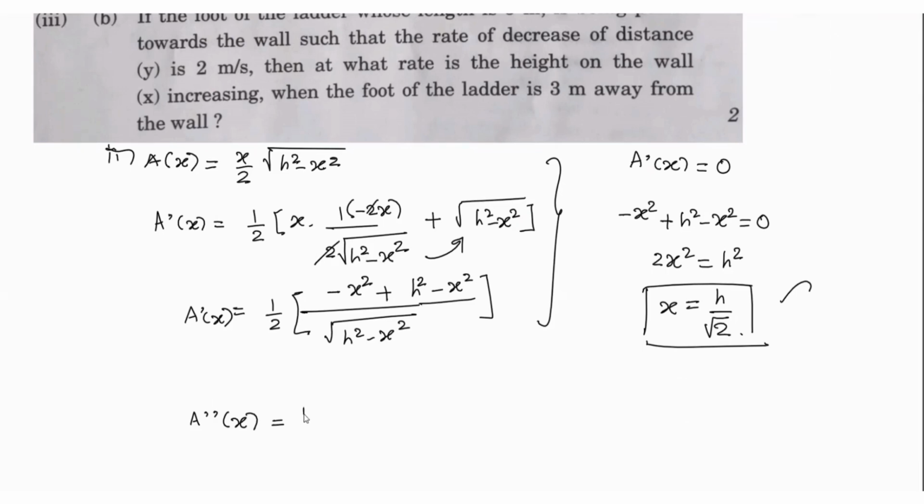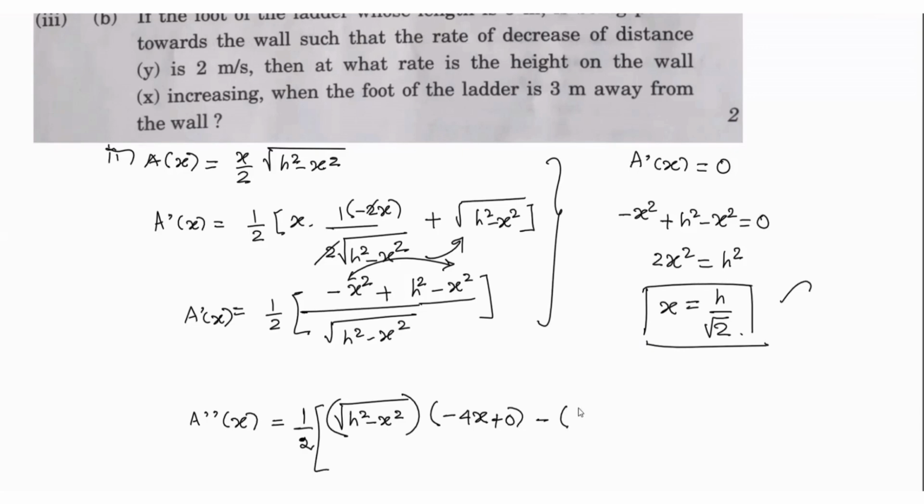So I'm going to keep this 1 by 2 as it is. v u dash: root of h square minus x square into u dash, which is, if you differentiate h square minus 2x square, it becomes minus 4x, because differentiating h square gives 0. So plus 0 minus v u dash minus u v dash.